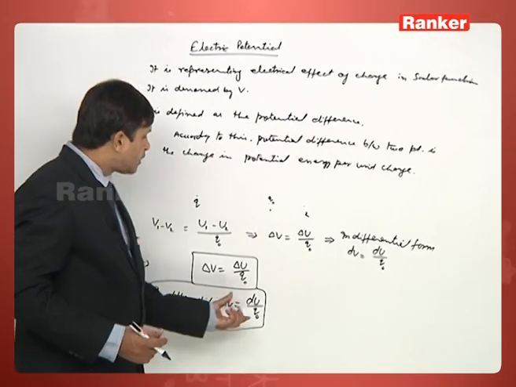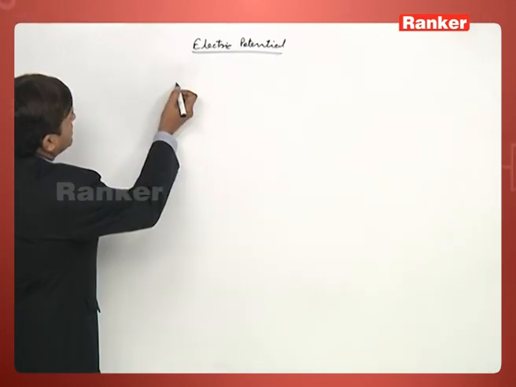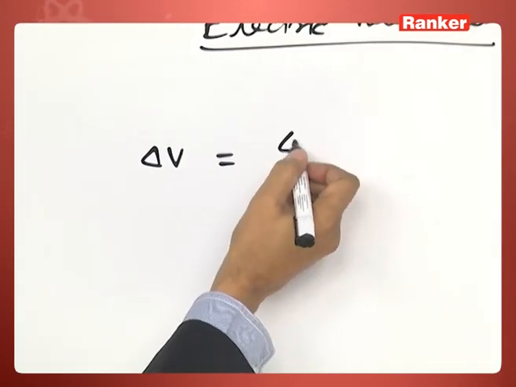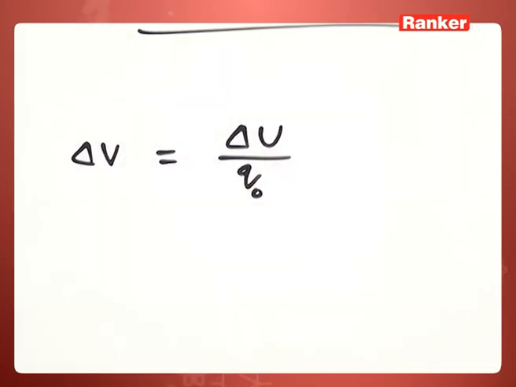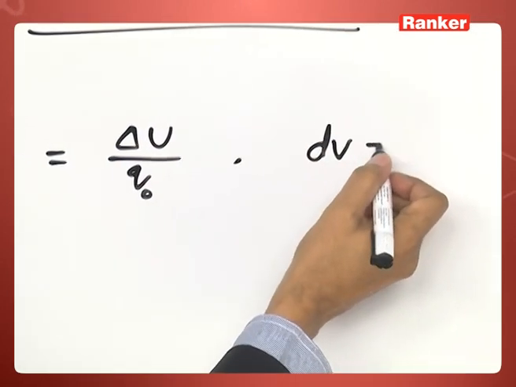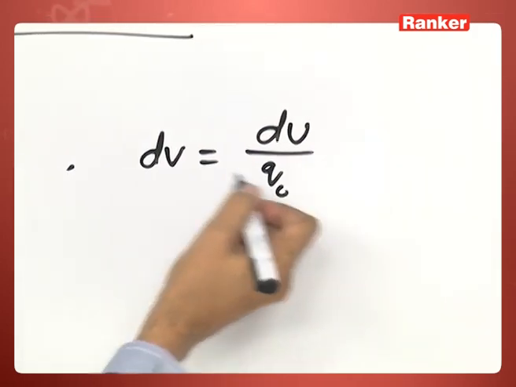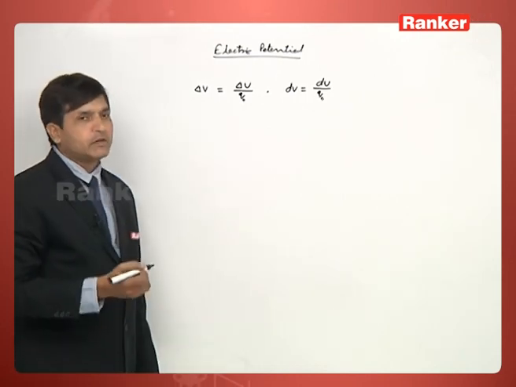Now, how can this relation be expanded in other forms? See here, as we had defined, change in potential is potential energy per unit charge, and in differential form we can write dV is dU by q naught. Now, this we can expand in a different form also.